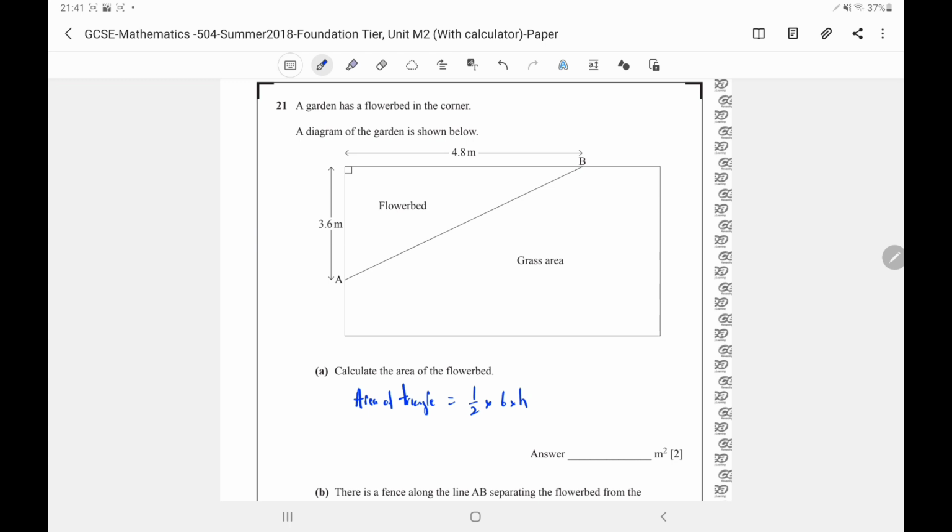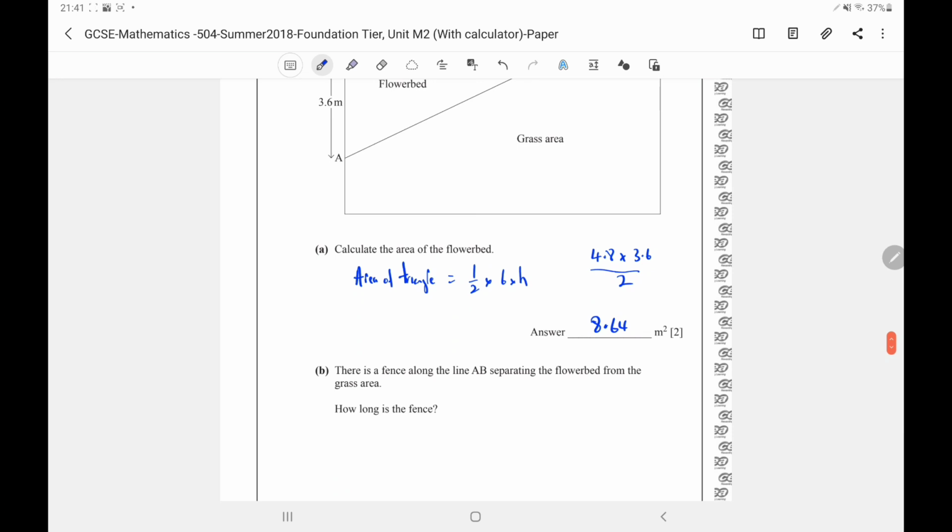You could flip that triangle around if you wanted to, so you can see the base. But basically, you just multiply the base by height and divide by 2. So 4.8 multiplied by 3.6 and half your answer. That'll give you the area of the flower bed, and that is 8.64.